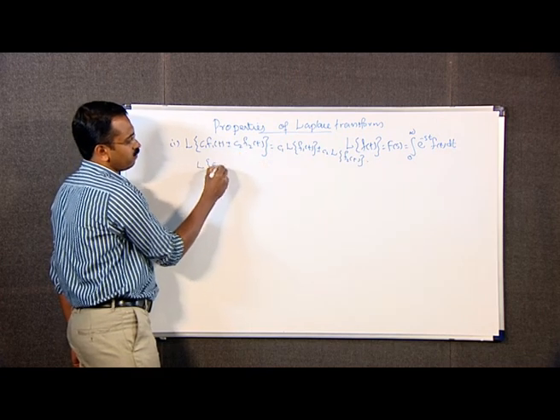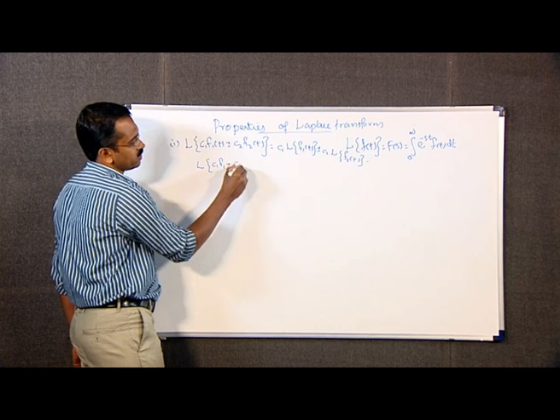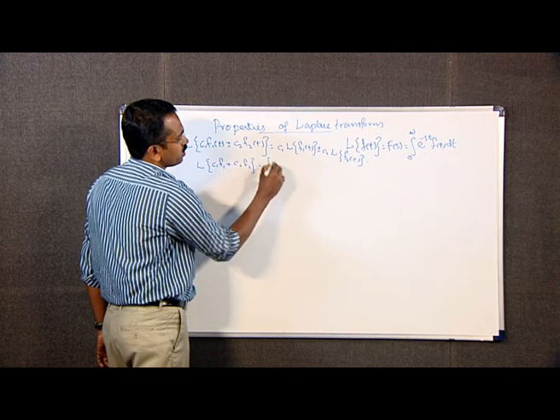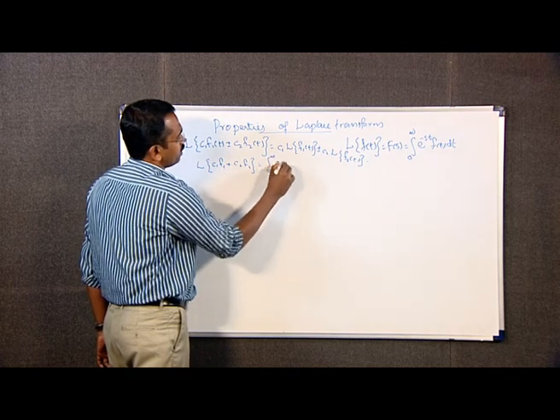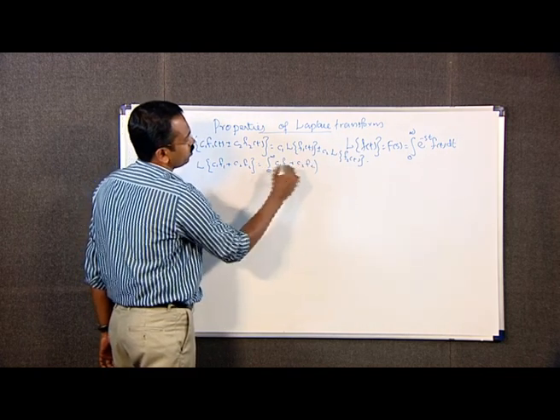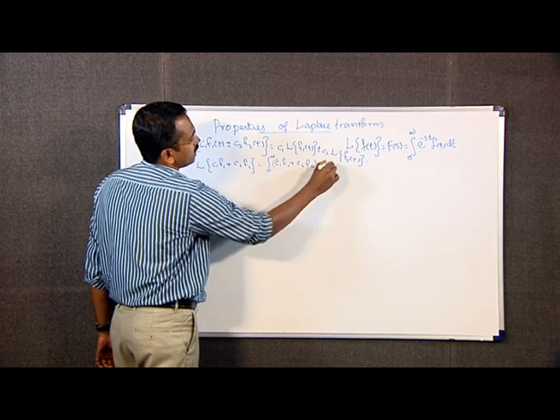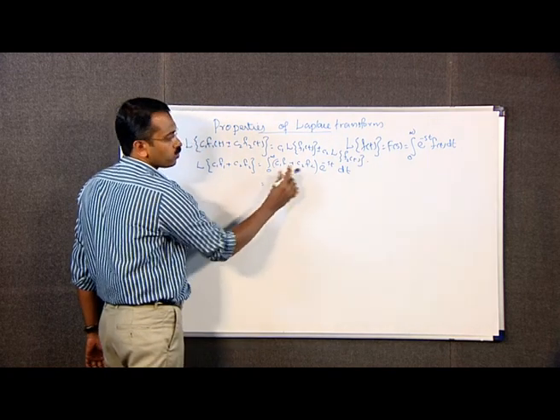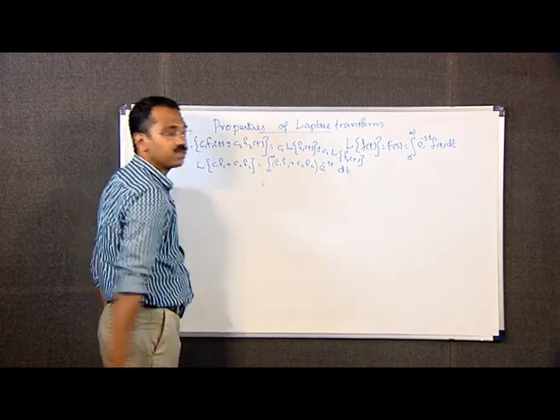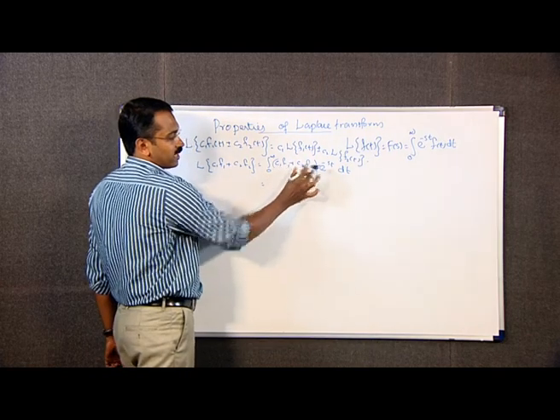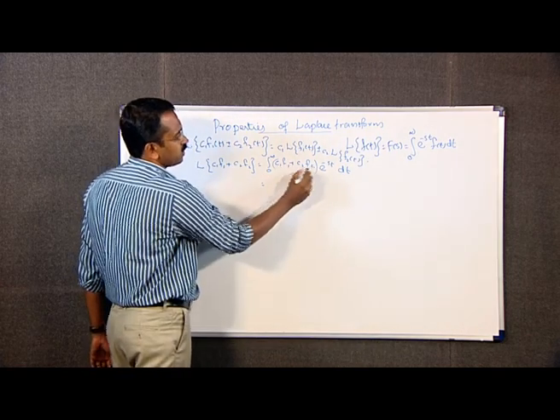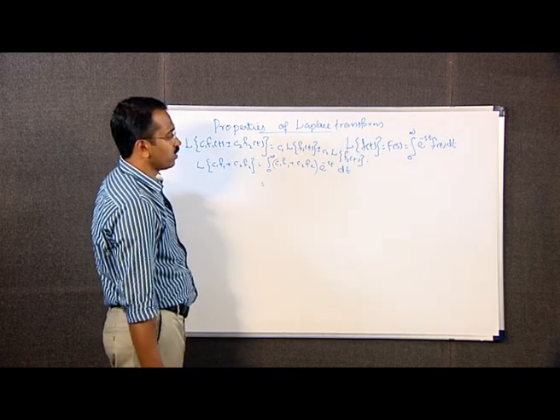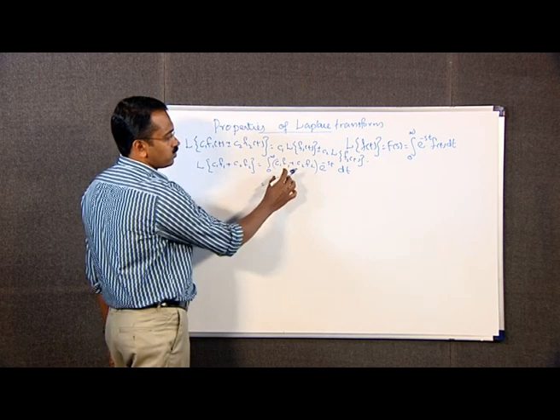By definition, L of c1 f1 plus c2 f2 is equal to the integral from 0 to infinity of c1 f1 plus c2 f2 into e raised to minus st dt. We can open this bracket and split this single integral into two integrals.